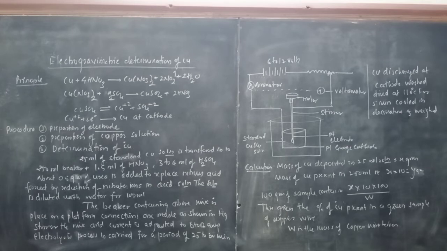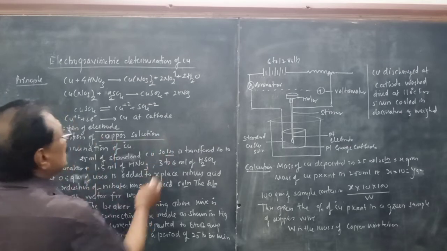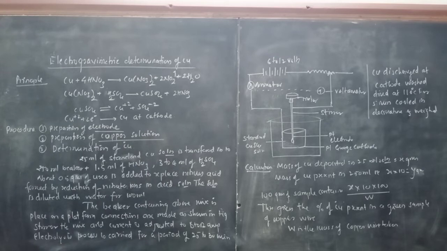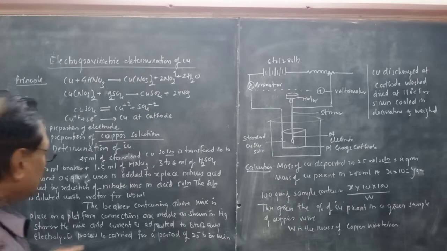Now we go for the second step, preparation of copper sulfate solution. About 1 gram of the copper wire is weighed accurately, and it is dissolved in a minimum quantity of dilute nitric acid.